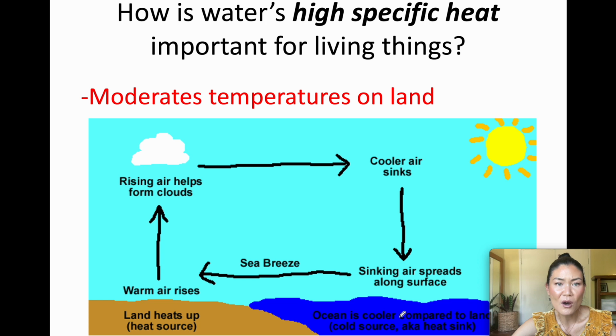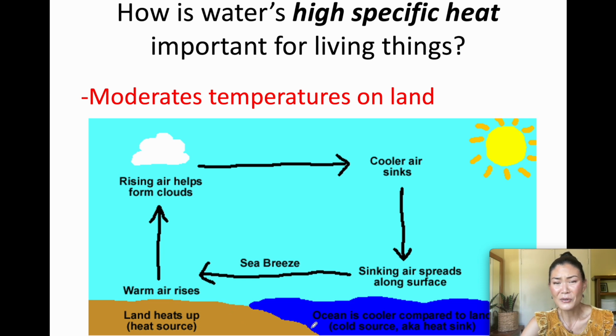And then also, because of water's high specific heat, it keeps land near water at a pretty moderate temperature. If you live in Santa Monica by the beach, it's pretty cool down there compared to the valley, where we live. In the San Fernando Valley, it's like 100 degrees today. It's super hot. But if you were to go to the beach, it's like 75, 70 degrees.